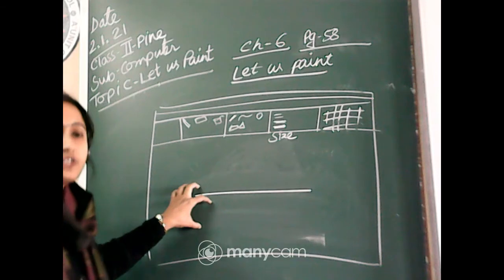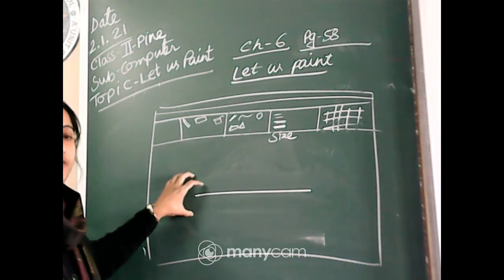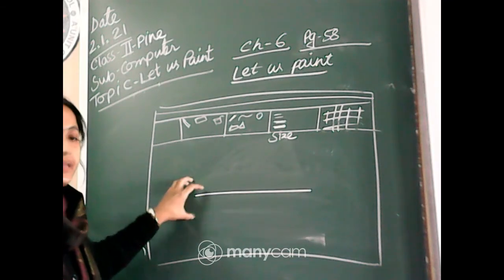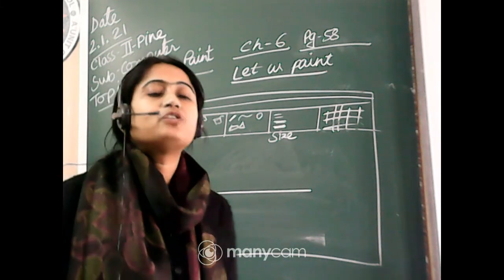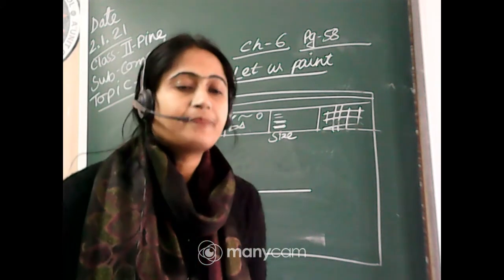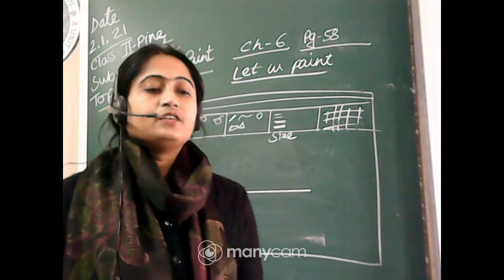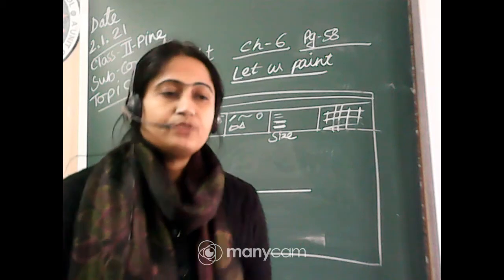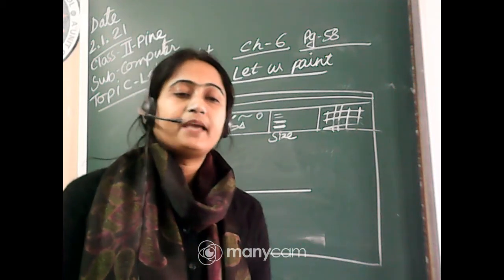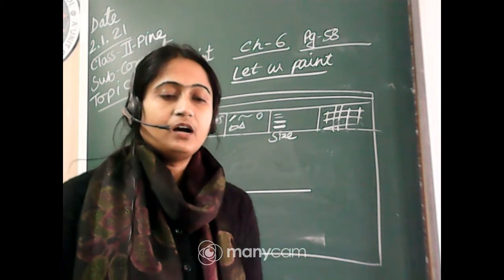You can see on the drawing area, this type of line will appear. Okay, and now using the line tool, you can draw a house. Who have a computer, they will draw a house using only the line tool in their computer.